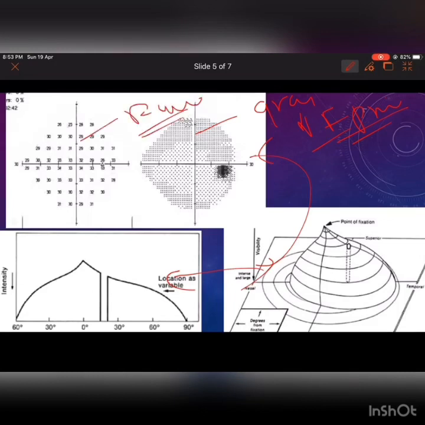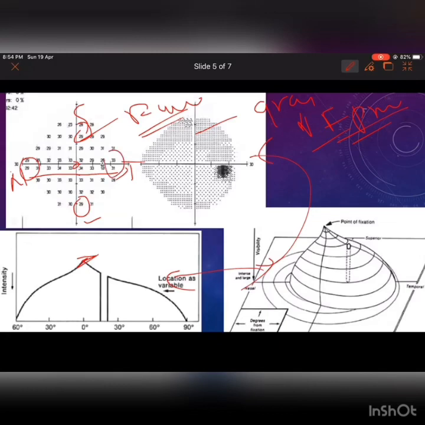So at the fovea, even though it is not given, it will have maximum sensitivity. If you go more peripherally, temporal to nasal, superiorly, inferiorly, the sensitivity decreases.